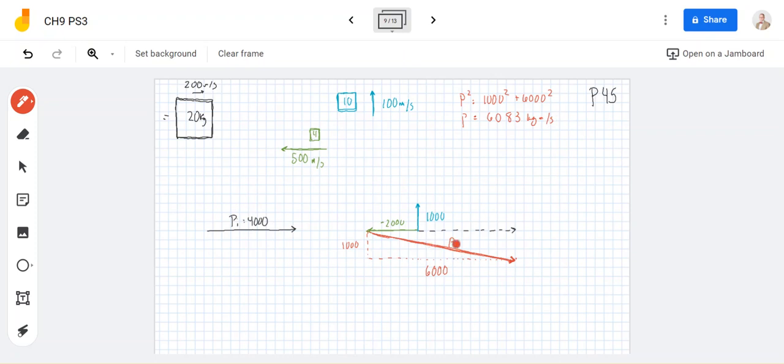And then the question is, what is the velocity of this piece? And so then what I have to do is, because P is equal to mv, I have to divide by the mass of this piece. So this was 20 kilograms to start. This one's 10, this one's 4, so I'm left with 6.